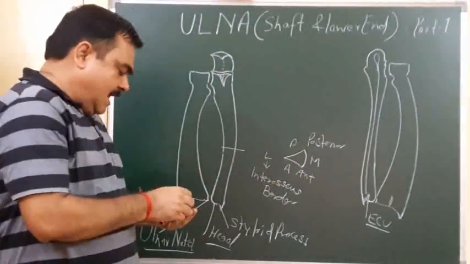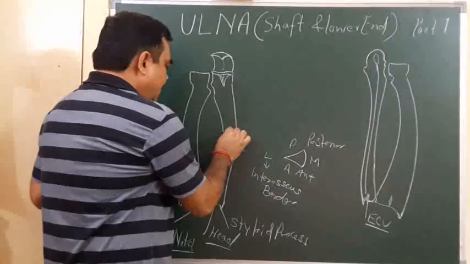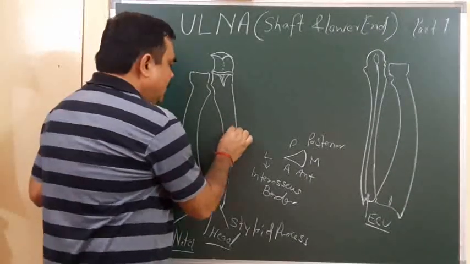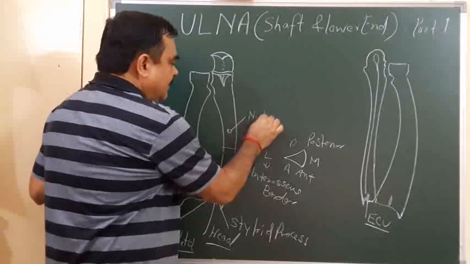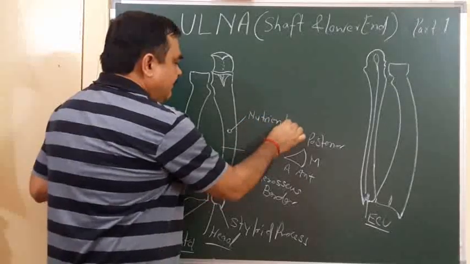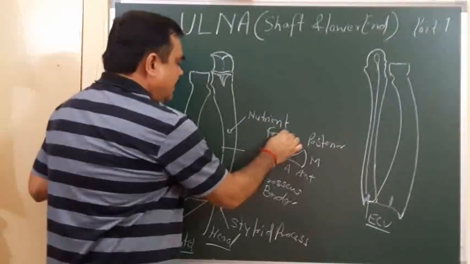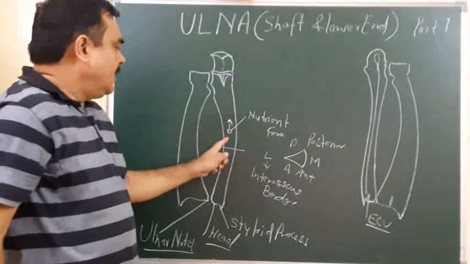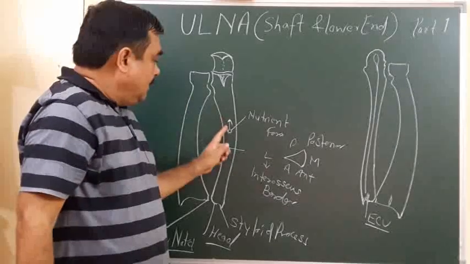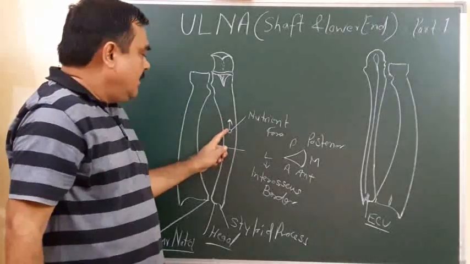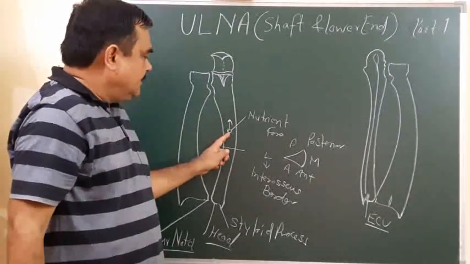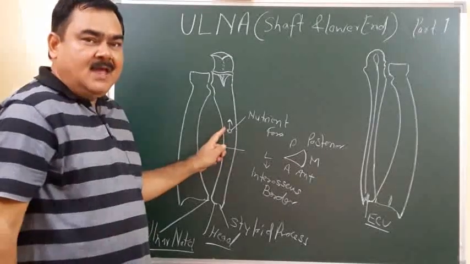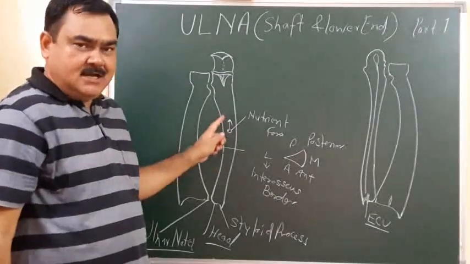The anterior surface has a foramen. This foramen is known as the nutrient foramen. The direction of the foramen is upward. And here one artery passes, a branch of the anterior interosseous artery.